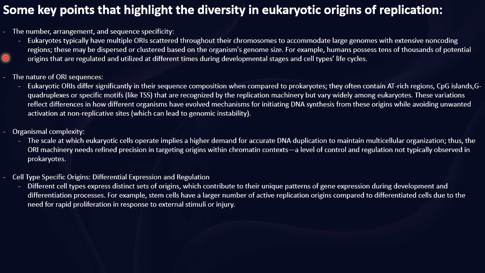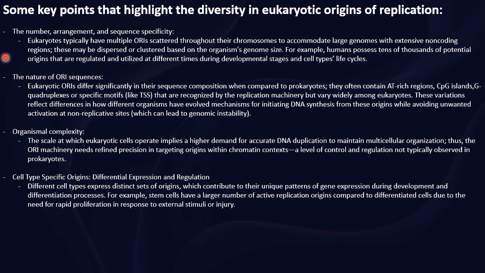In eukaryotes, we can classify ORI sequences into two groups: ORI of metazoans and ORI of non-metazoans. Metazoans are complex multicellular organisms like humans, whereas non-metazoans are yeast-like organisms which are far simpler than metazoans or multicellular organisms.